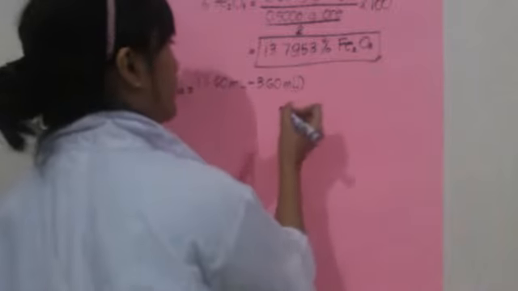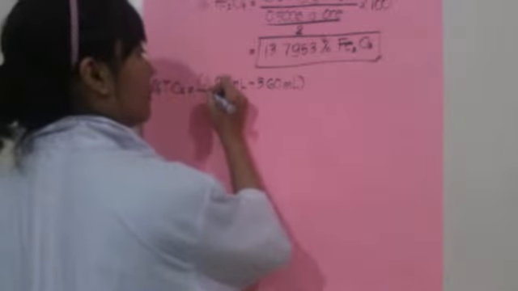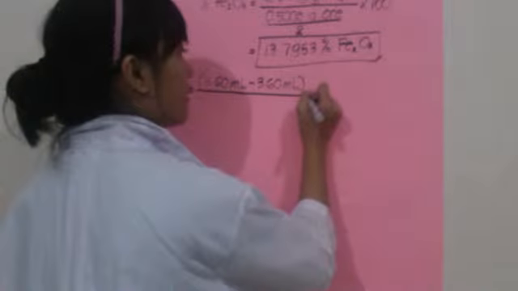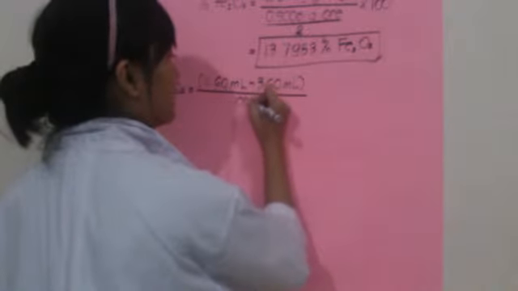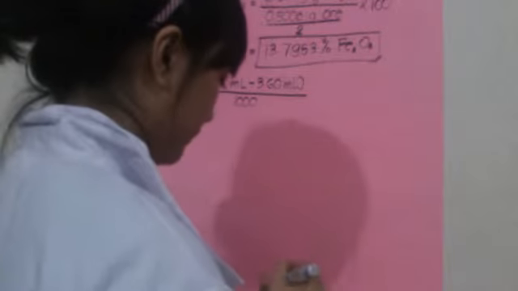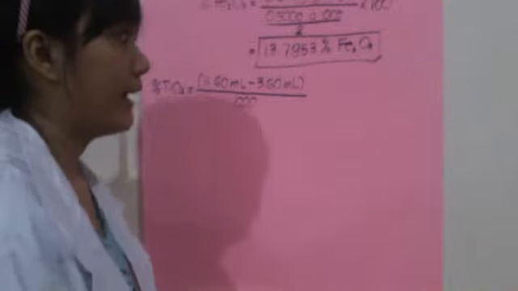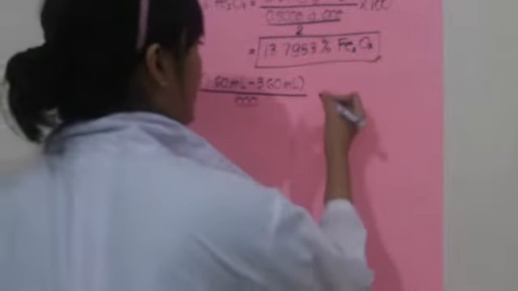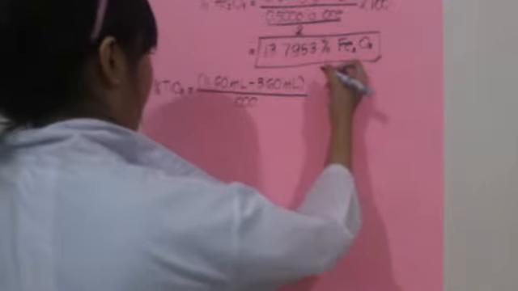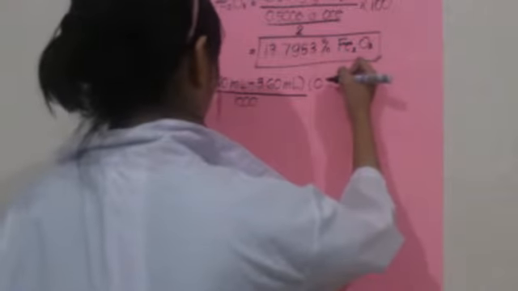Then, since it is in ml, we can now divide this by 1,000 for a simpler formula. And then, we should multiply this by the concentration of MnO4.